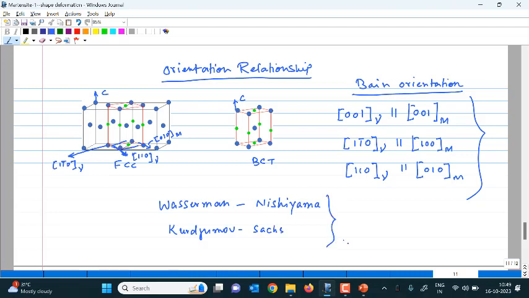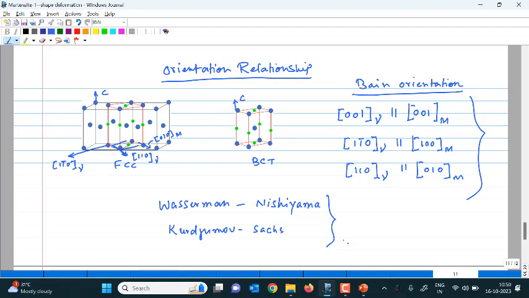So these are basically in terms of some directions or some crystal planes in austenite being parallel to some direction or some planes in martensite. Okay. But these are not as simple, I mean, the way it is shown and written over here. When it is experimentally found, these are not as simple like this. Okay. Not in terms of these low index planes or directions which are parallel to each other.